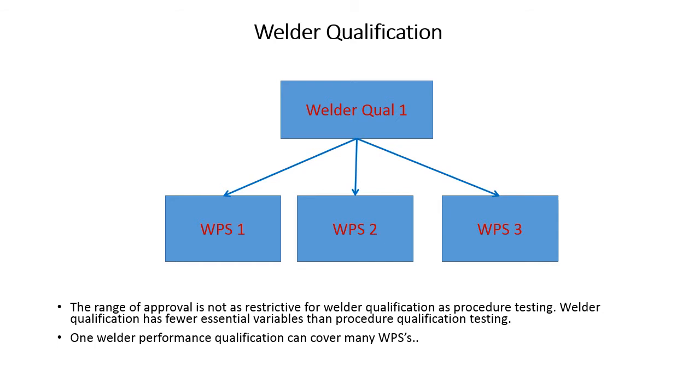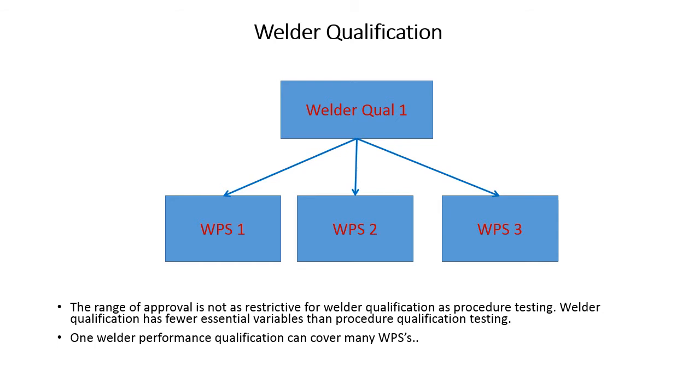WPS number 2 has stainless steel, let's call it ER309L with 100% argon. And then WPS number 3 has, let's call it another carbon steel with, I'm going to pick something strange here, argon with 10% helium.